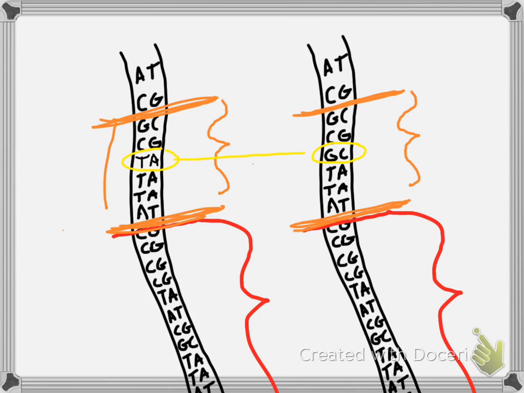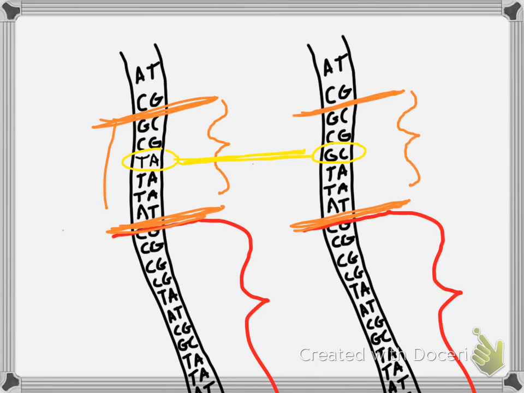It does the same thing. It builds a hair shaft. Or it controls whether your body forms the proteins that clot your blood correctly. Or it controls some other thing. It builds proteins that control some characteristic of you. And this one set of letters has two options.